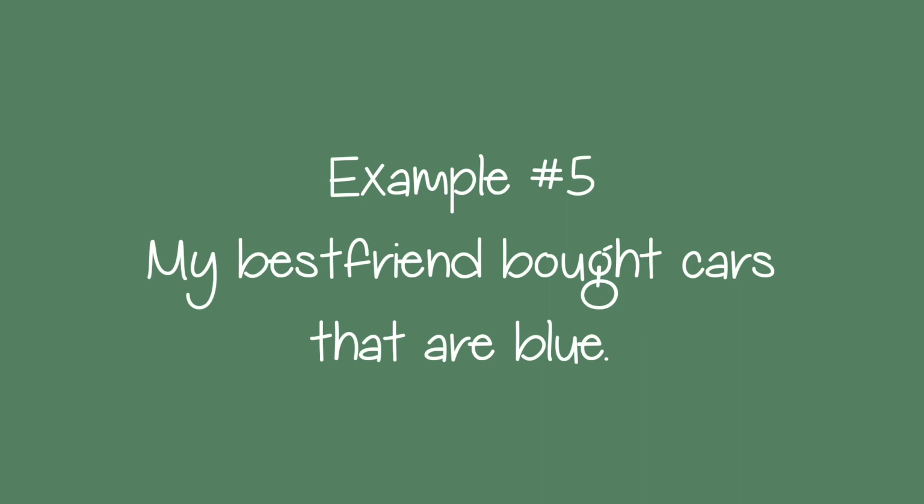But this time, there's more than one. So, we use are. So simply, it says, my best friend bought cars that are blue. There are blue cars. So we use the linking verb are, which is in its plural form kasi marami yung cars. Marami yung kotse. Mayaman yung best friend ko.